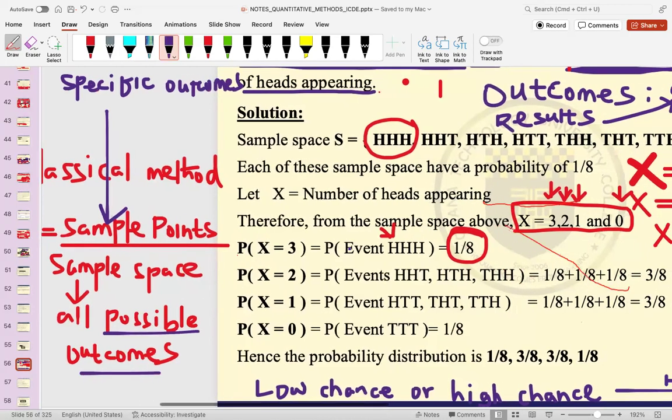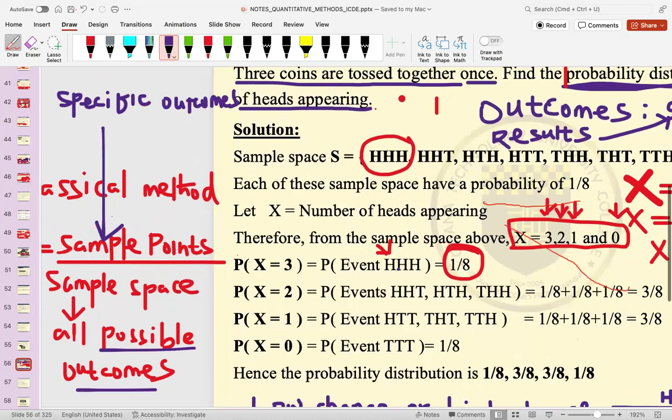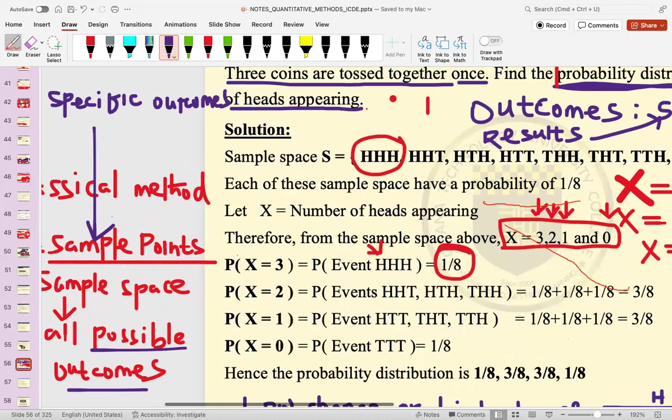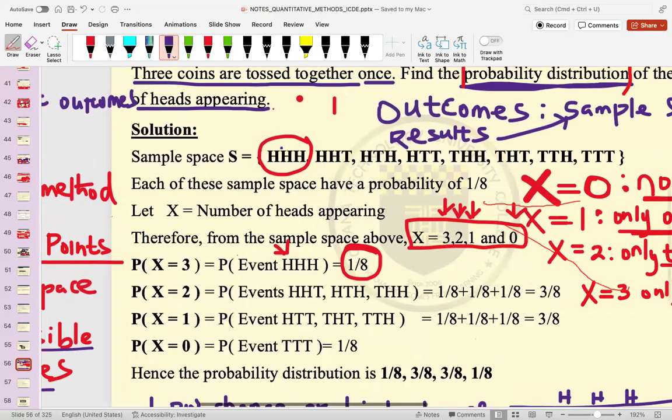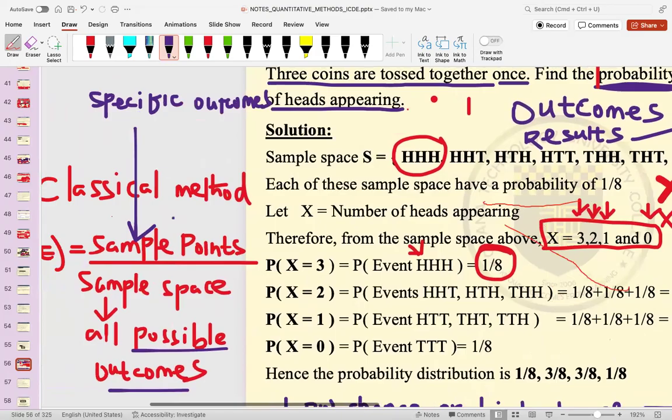So if you take this event of 3 heads appearing, if you look specifically, you only have 1 outcome. So our specific outcome in this formula is 1, which is this one. So our answer is 1/8. That is when you are expecting all 3 of them to appear.